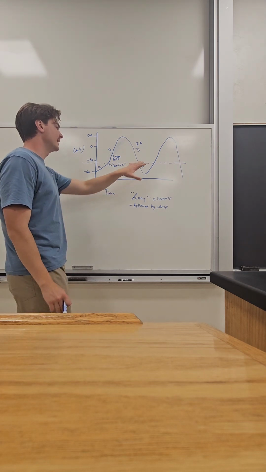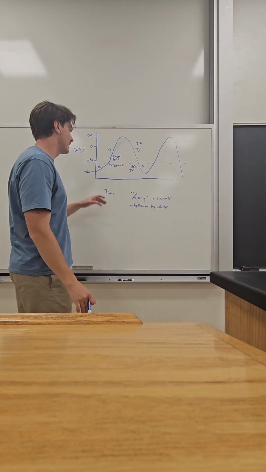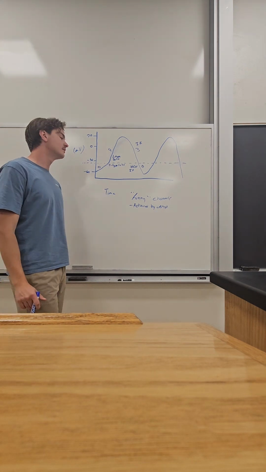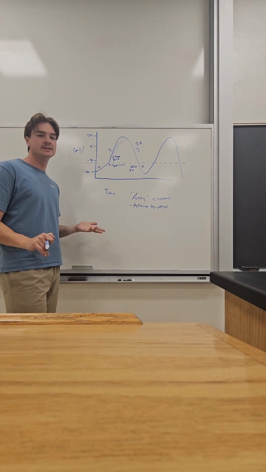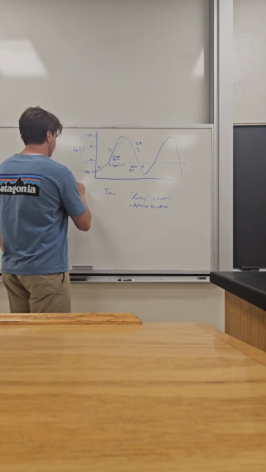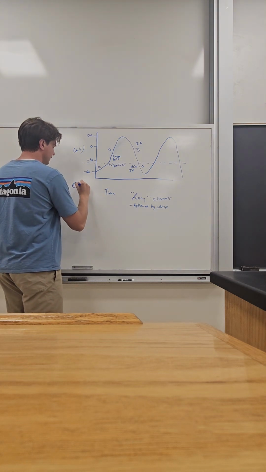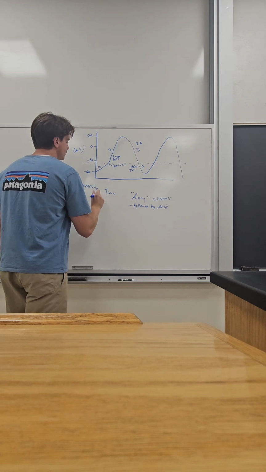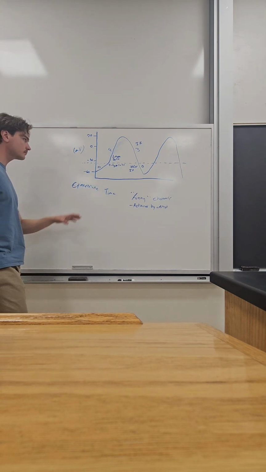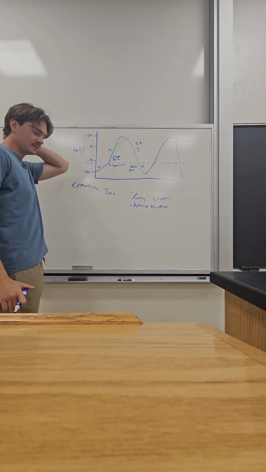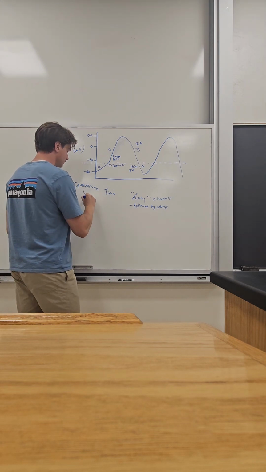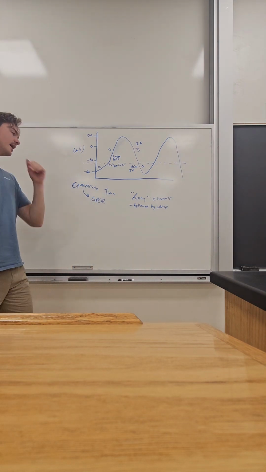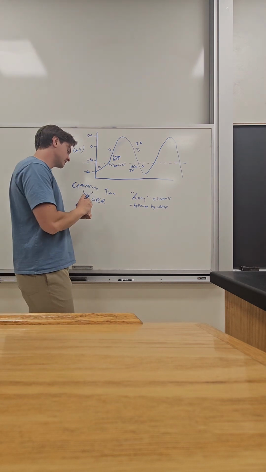If we increase the amount of action potentials we get out of the pacemaker cells, we increase heart rate. Now, how do we increase heart rate? Well, what we remember is epinephrine. Epinephrine will bind to G protein coupled receptors on these cells, and then the G protein will dissociate.